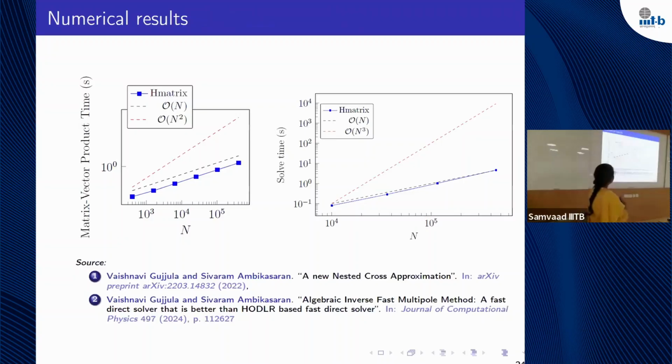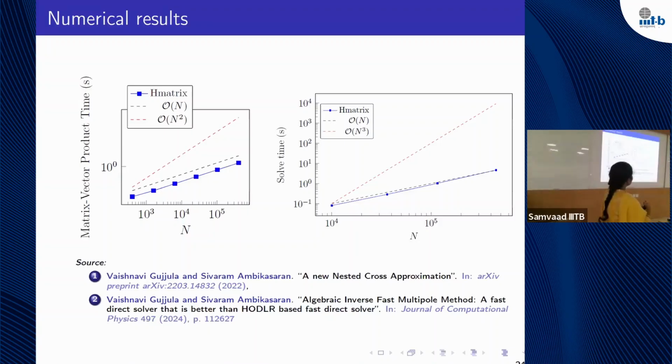So these are some of the results for the matrix vector product versus n. This red line here shows the naive complexity, and the blue line here is what you get if you approximate your matrix with a hierarchical matrix. And similarly, the solve time.